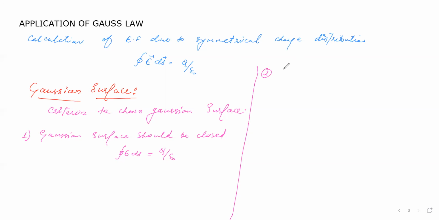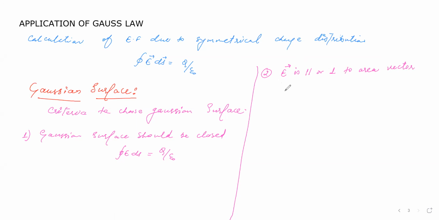And what is your second criterion? The second criterion to use Gauss law is that the electric field is parallel or perpendicular to the area vector.